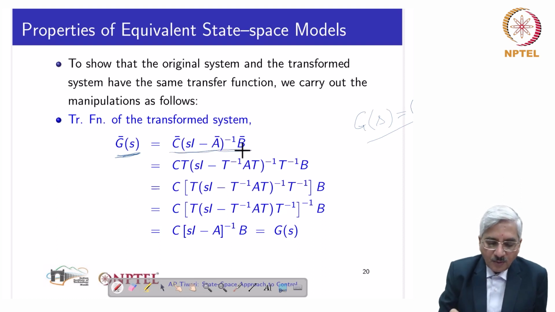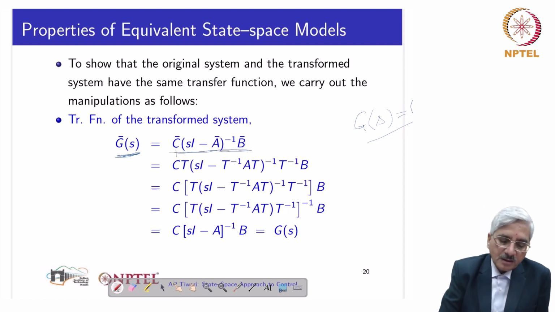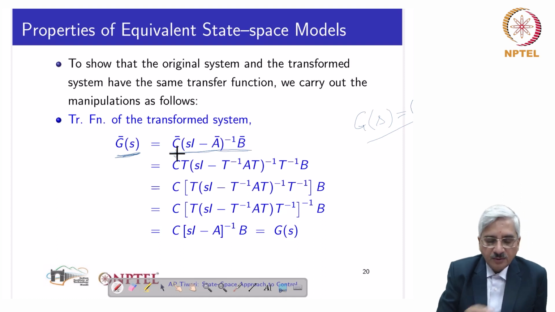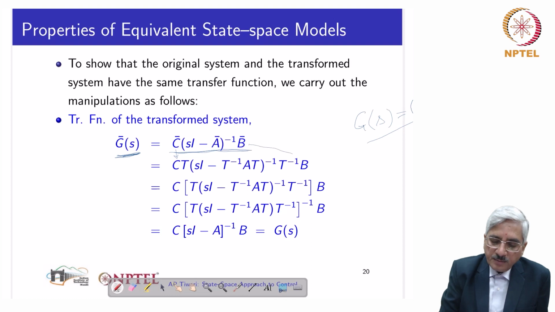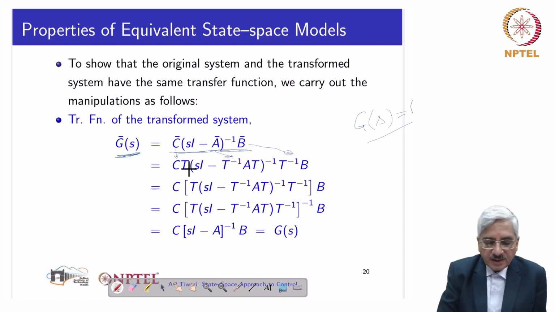Now in this, in place of C bar we substitute CT, which was derived in one of the previous slides. In place of B bar we substitute T inverse B, and in place of A bar, T inverse AT, to get this expression. Now we take T and this up to T inverse together like this.